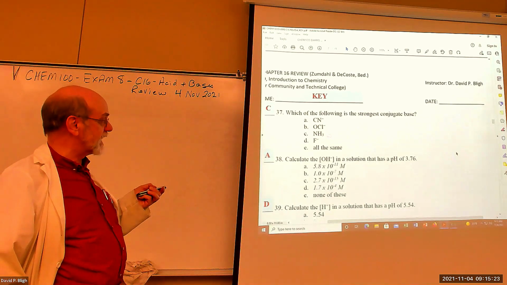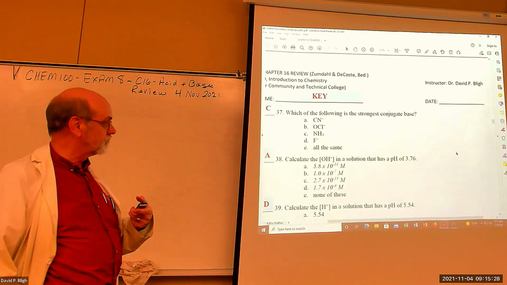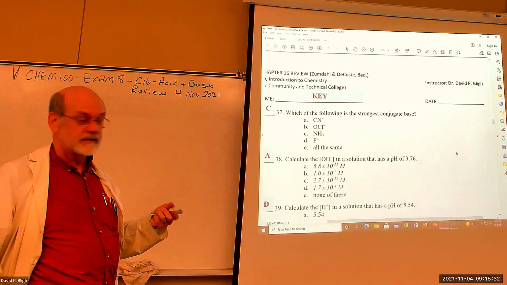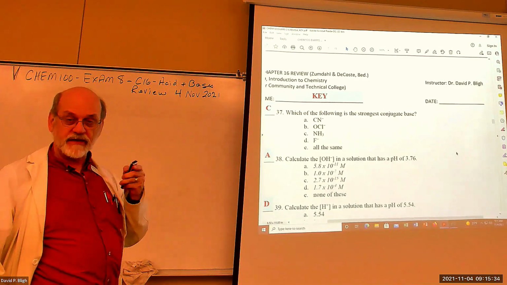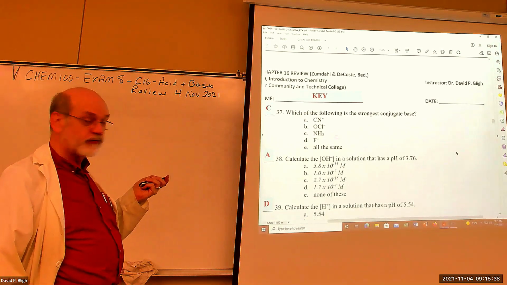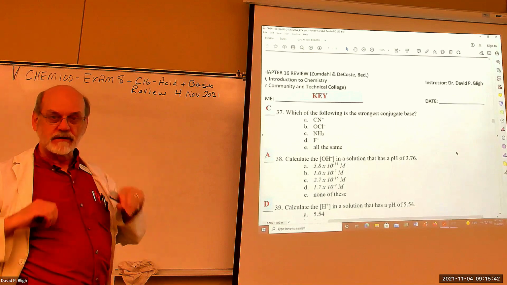Now, if you're not given that information, if you're not given those K values, then it's difficult to determine, right? Because we remember that HCN, hydrocyanic acid, and NH4 plus have very, very similar K values.